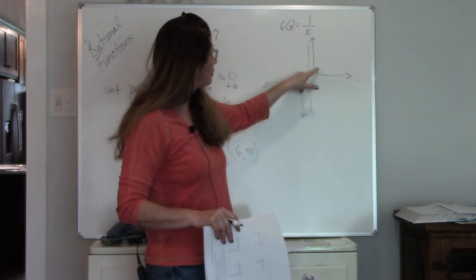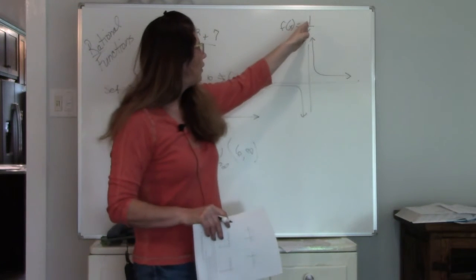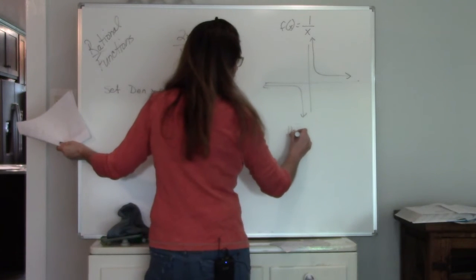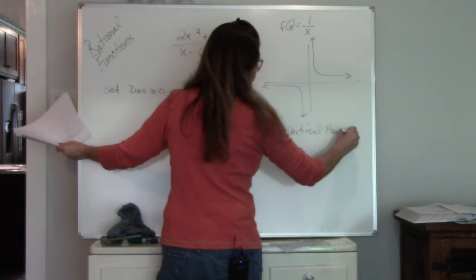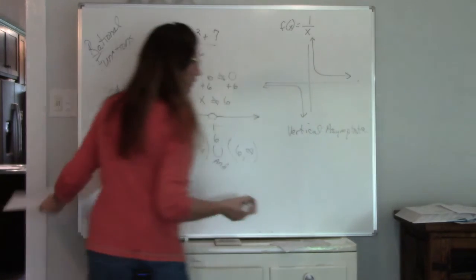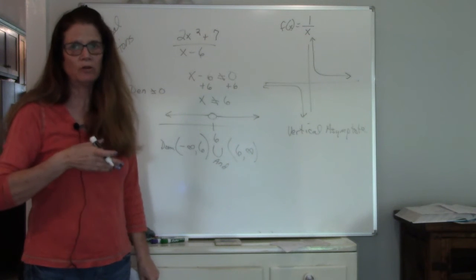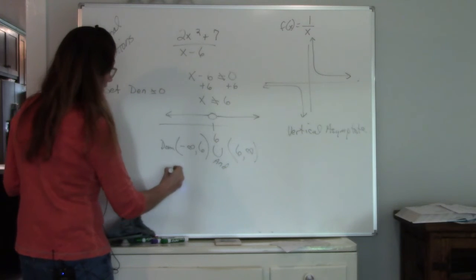Up here, it gets closer and closer to the y-axis again, but it doesn't cross it. Where it approaches but doesn't cross, that is what's called a vertical asymptote. Okay, big word. All it means is it approaches this vertical line, but it won't cross it and it won't touch it.